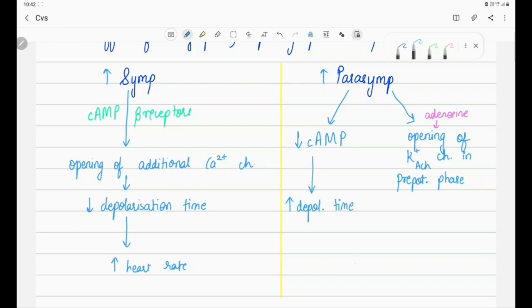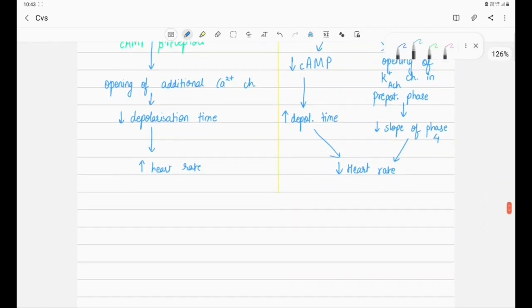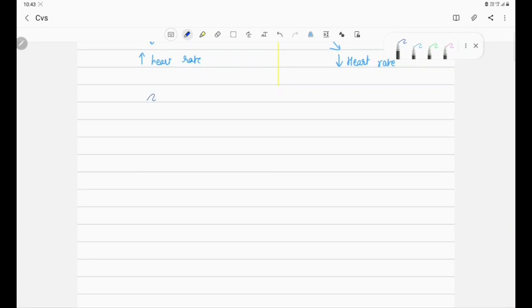Decreased cyclic AMP leads to increase in depolarization time and ultimately decrease in heart rate, whereas opening of potassium channels leads to decrease in slope of phase 4 or prepotential phase, resulting in decrease of heart rate. So sympathetic results in increase of heart rate and parasympathetic results in decrease of heart rate.